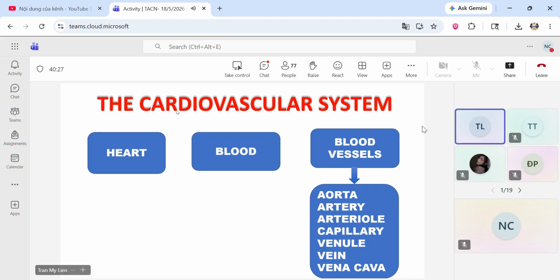So the cardiovascular system consists of the heart, blood, and blood vessels, including the aorta, the largest artery of the body, and vena cava, the largest vein, and capillaries.